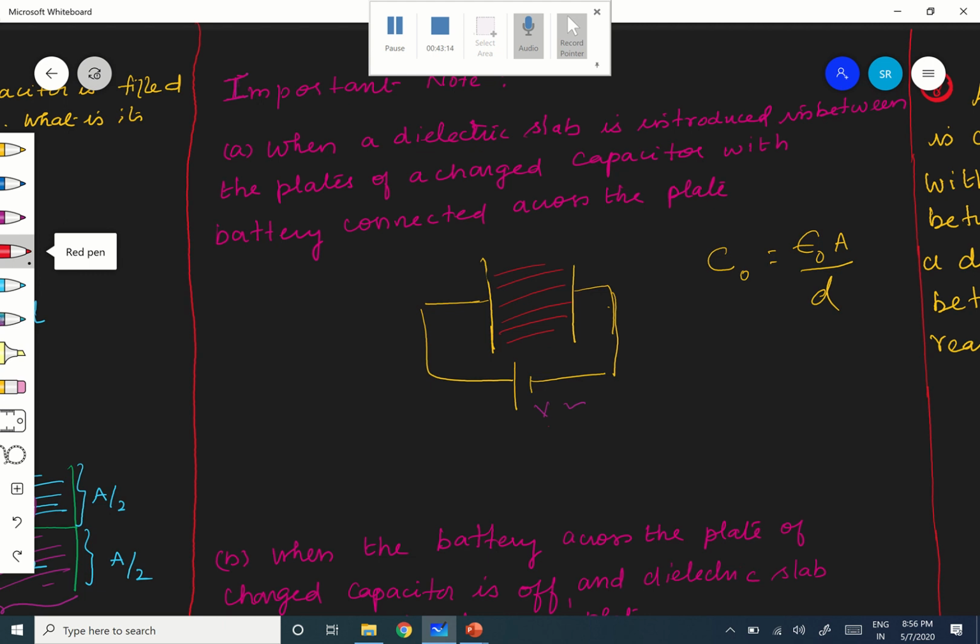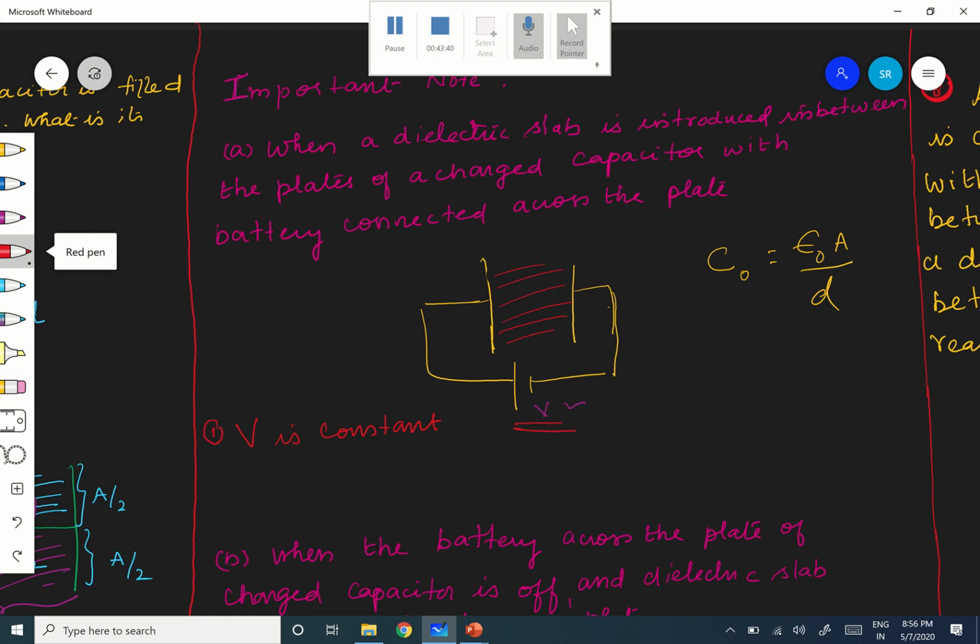So what is constant here? V is constant. The potential difference across the plates is constant, because even after introducing the slab I am not removing the battery. Therefore, V has to be the same.